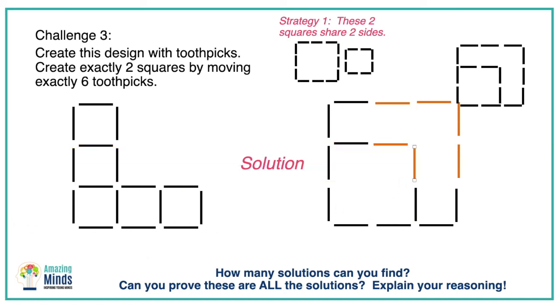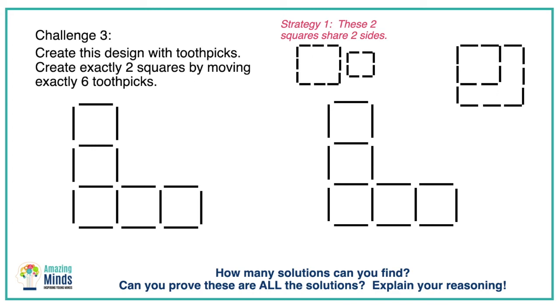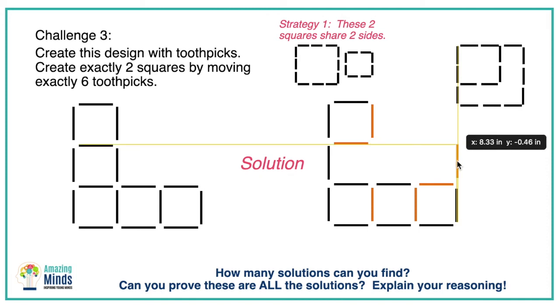Great. We have another one. We have one more option with this strategy. So once again, which toothpicks are not part of our end goal? There are 6, so that will also work.